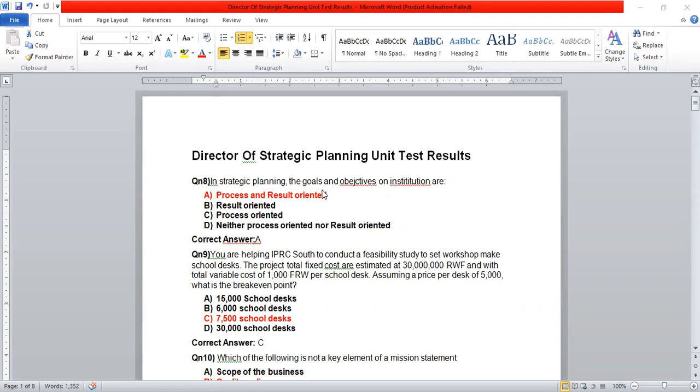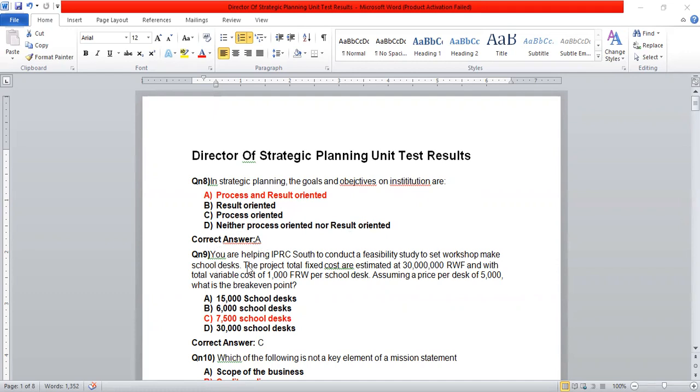In the strategic planning, the goals and objectives of institutions are: A, process and result oriented; B, result oriented; C, process oriented; D, neither process oriented nor result oriented. The correct answer is A.